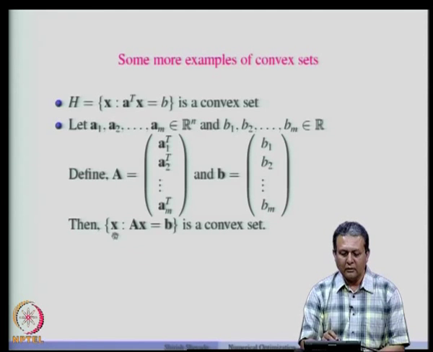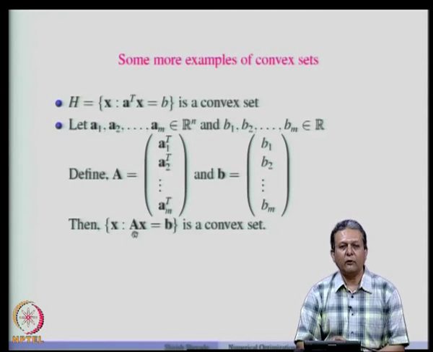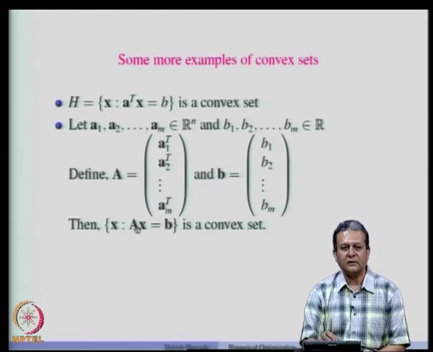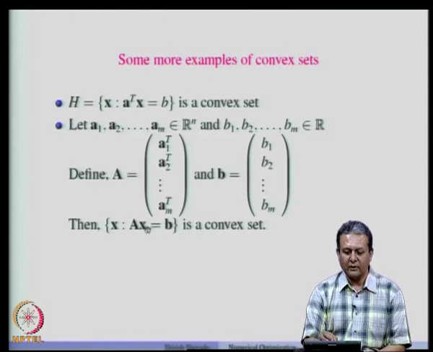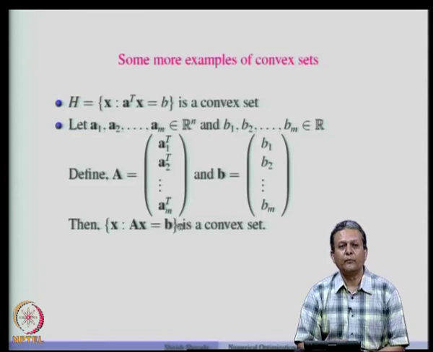Now, the claim is that the set of all x such that Ax equals b, that is, the solutions of this system of equations, forms a convex set.